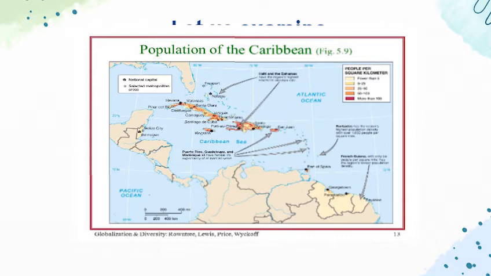Now let us look at San Juan. All right, so that's San Juan, so that's Puerto Rico. And if we look there, we're seeing that there are more than 100 persons per square kilometer for the majority of Puerto Rico. We have a few areas where there is, I believe, 5 to 25 persons per square kilometer.